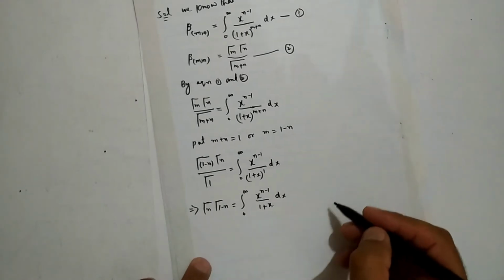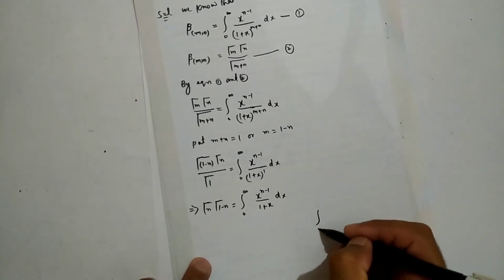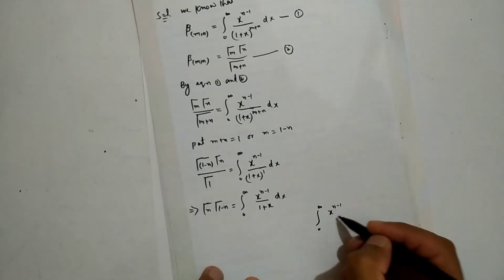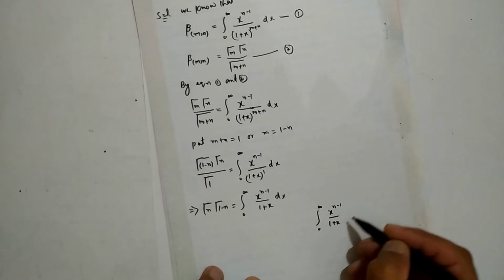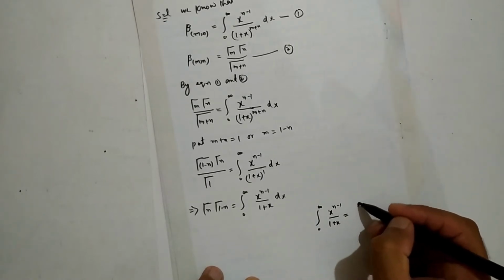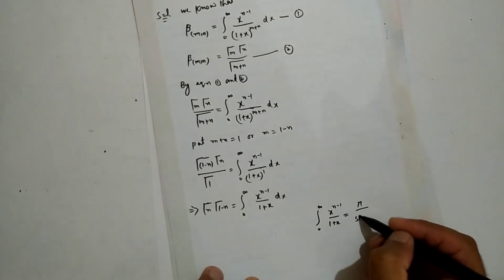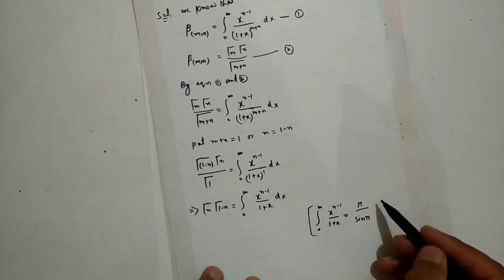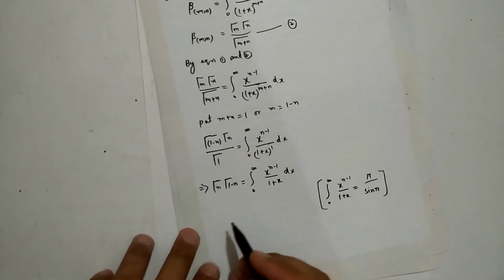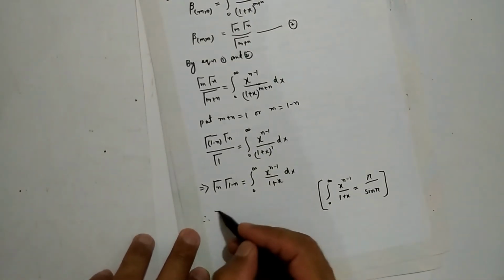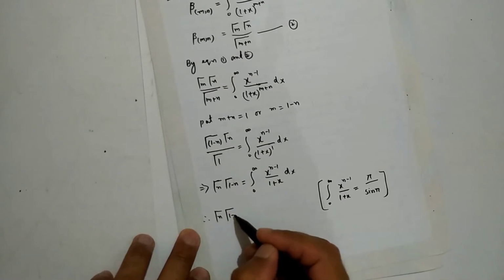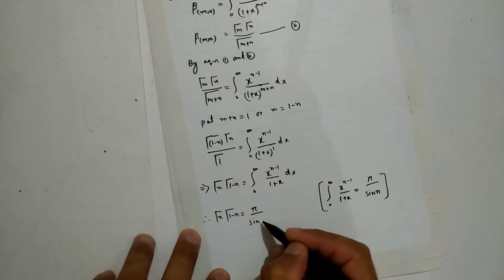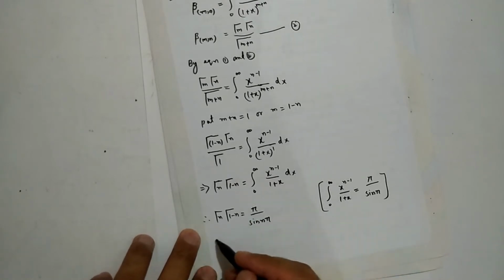And we know that this integral is actually pi divided by sine n pi. When you solve this integral, you will get it. Therefore, gamma n into gamma 1 minus n is equal to pi upon sine n pi, which is proved.